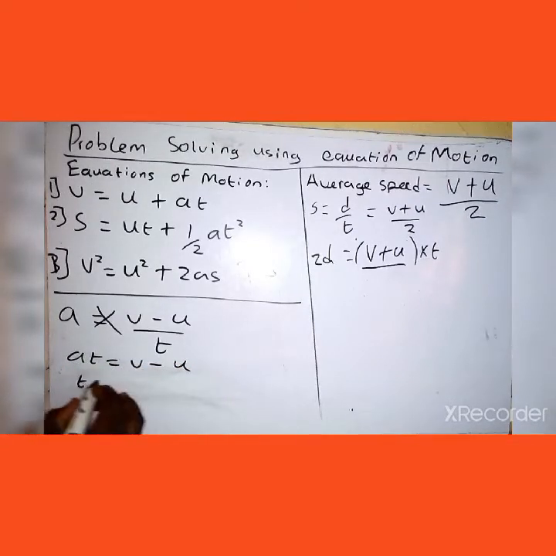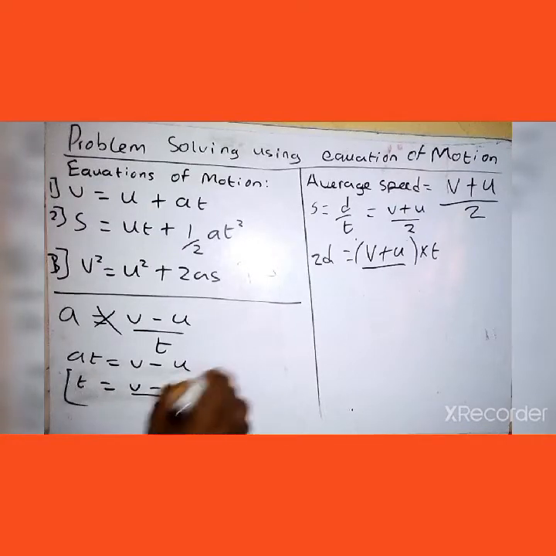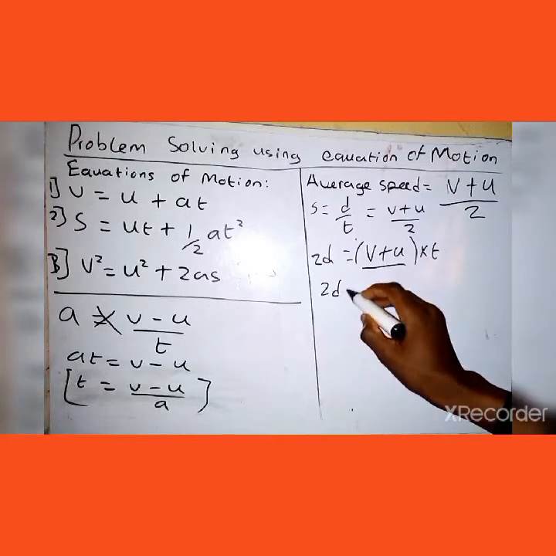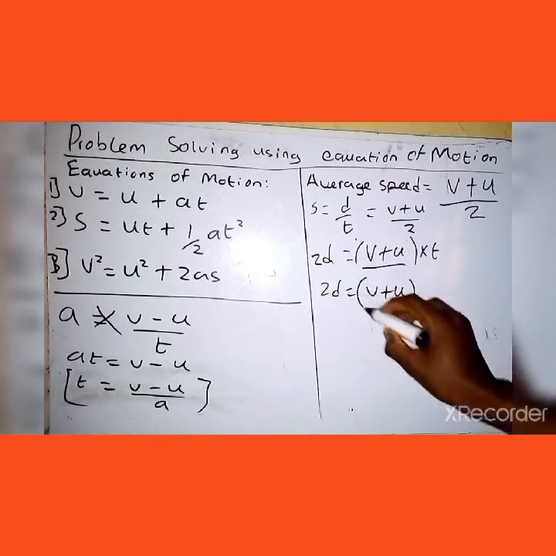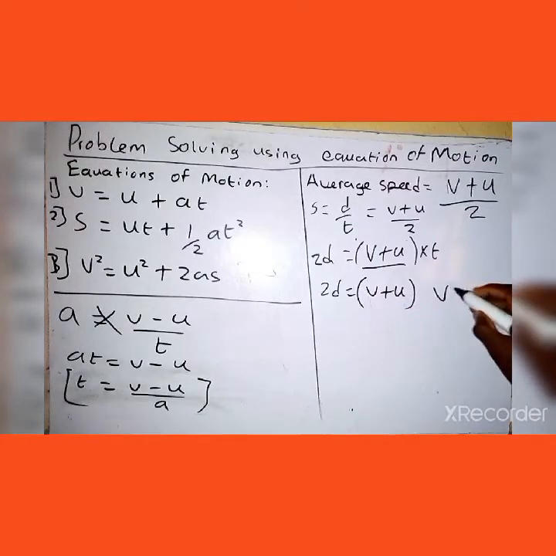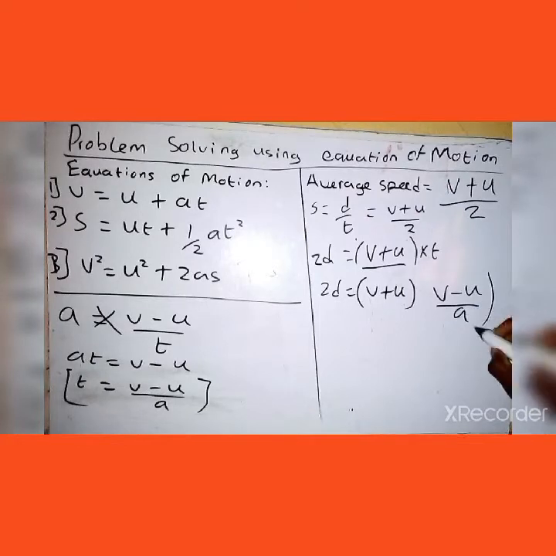So t will now be v minus u over a. So this value of t, we substitute it here. So we now have 2d equals (v plus u) times (v minus u) over a, like this, right?